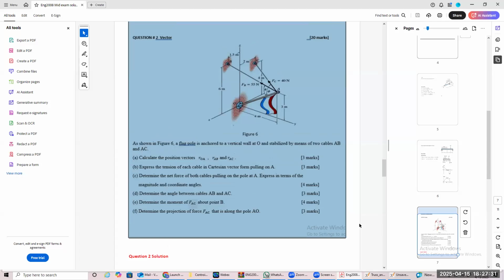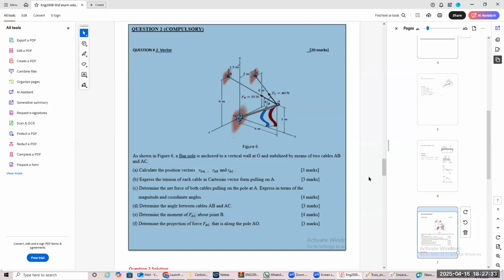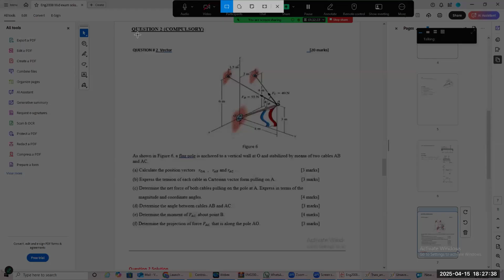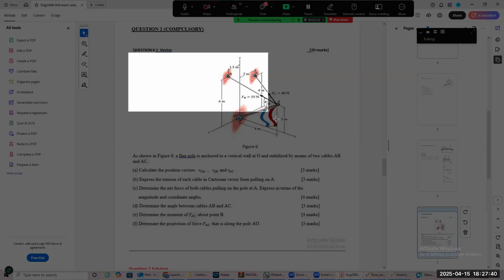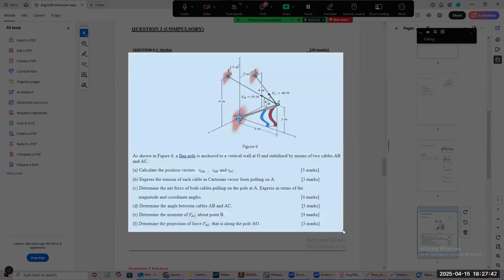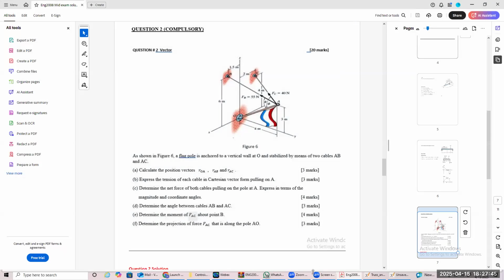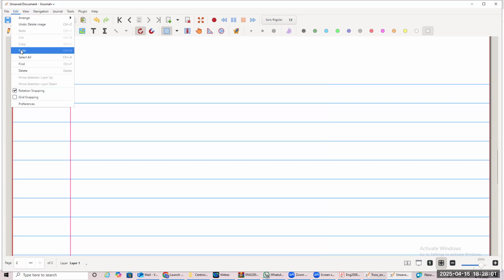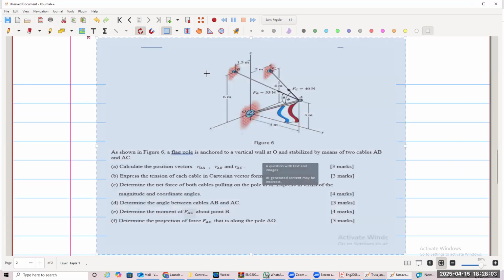Hold on a second. I hope that's better. Let's try it again. I'll probably have to discard this one. Wow.